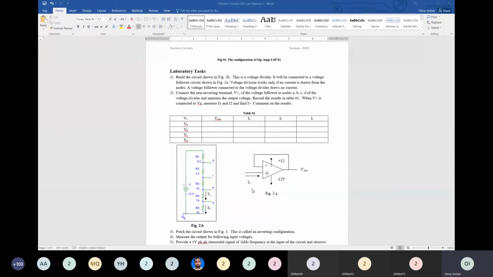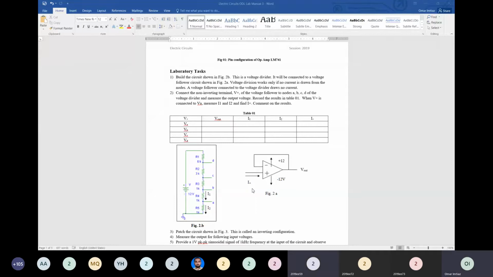I positive is the input current to the operational amplifier. Can anybody tell me what is the expected value of I positive in all these cases? Okay, so what is the input current to an operational amplifier?